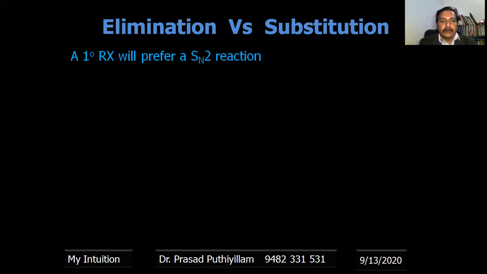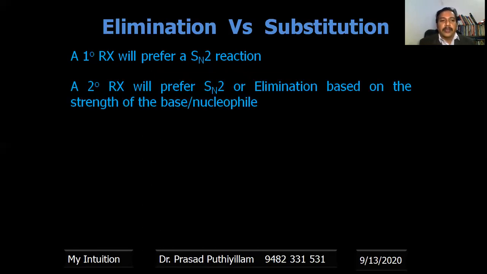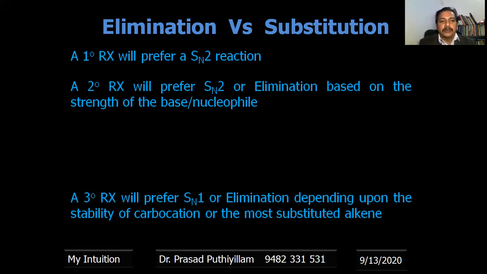Now, a primary alkyl halide will prefer the SN2 reaction, which we saw in detail in the previous class. A secondary alkyl halide, RX representing alkyl halides, will prefer SN2 or elimination based on the strength of the base or the nucleophile. Whereas a tertiary alkyl halide will prefer SN1 or elimination depending upon the stability of the carbocation or the most substituted alkene.